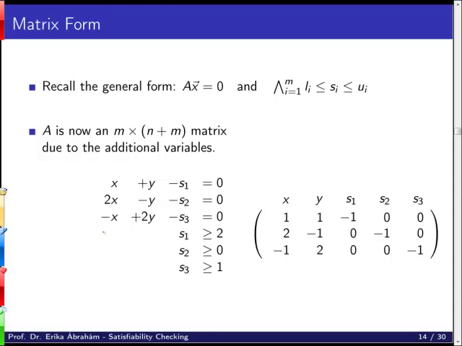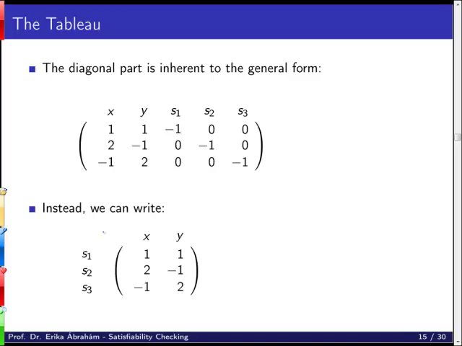You see that here on the right-hand side, since we introduced for each equation its own new variable, this is just minus the identity matrix, so we can leave it away. And to remember which variables were here, we write them here on the left. So we use this notation to represent the equation system where each row encodes that S1 equals, in this case, x plus y. The second row encodes that S2 equals 2x minus y, and so on. S3 is minus x plus 2y.